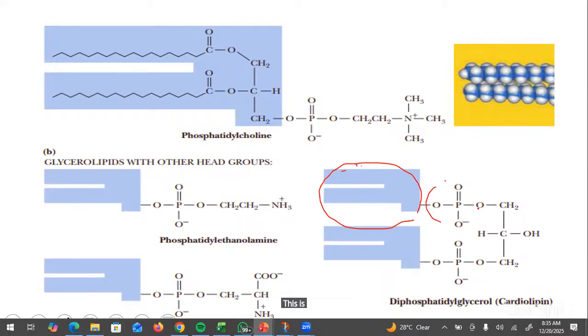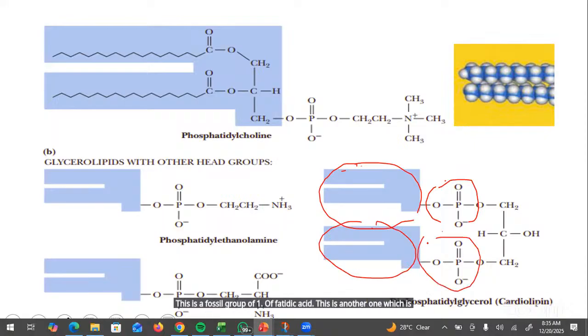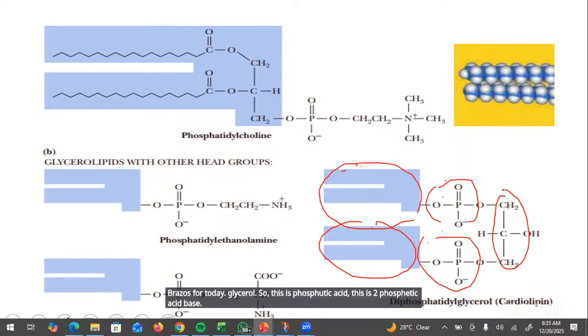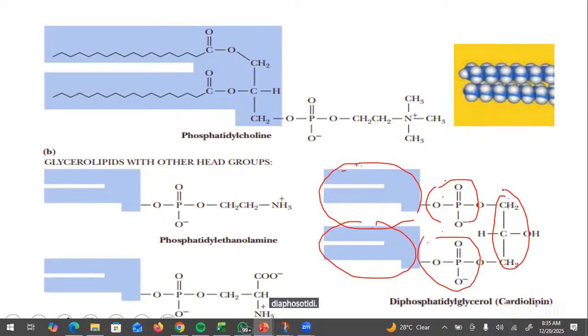This is a phosphate group of 1 phosphatidic acid. This is another one with its own phosphatidic acid. Now, these two are joined together by another glycerol. This is a glycerol that we call diphosphatidylglycerol. So 2 phosphatidic acids means diphosphatidyl, then the parent here is glycerol. So diphosphatidylglycerol, which is called cardiolipin, is a major phospholipid that is found in the heart.